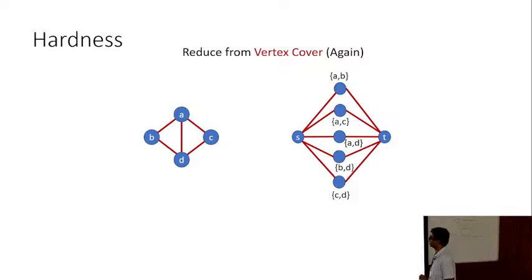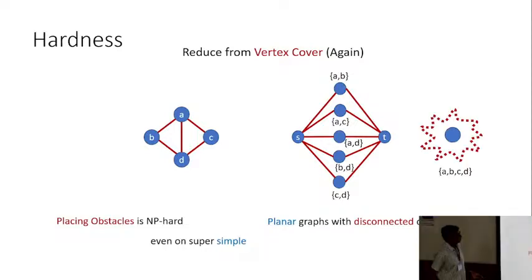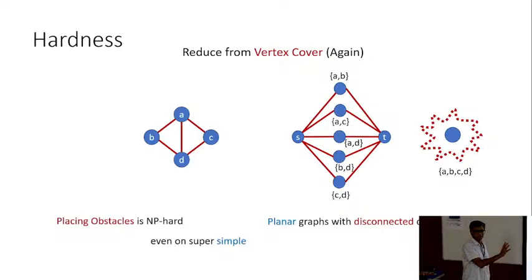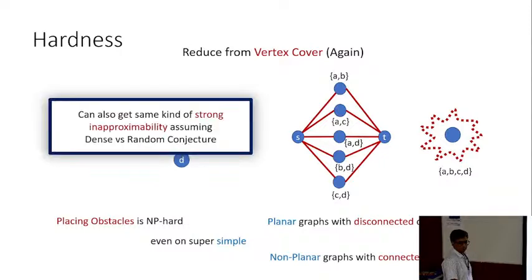I will not go too deep into this, but it's very similar. Generally, whatever results hold for obstacle removal tend to also apply for point separation. It's literally the same, so it's a good task to try on your own if you want.